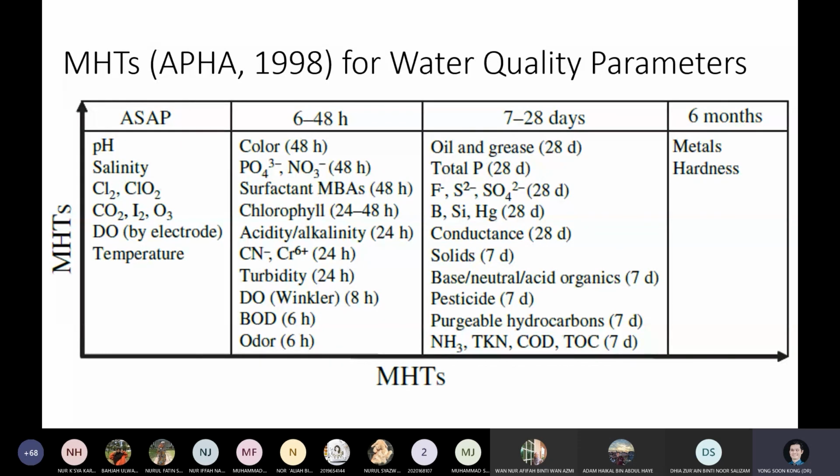So sometimes these maximum holding times may be different according to different bodies. Apart from APHA, there might be DOE that has their own maximum holding time. But I was told that APHA is the strictest, so that's why I put APHA right here.